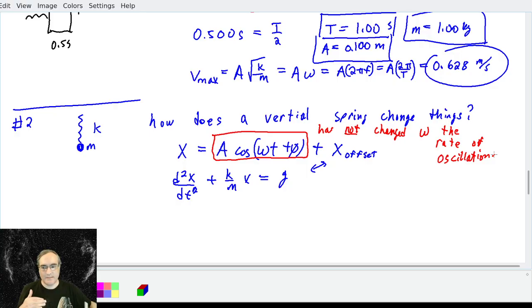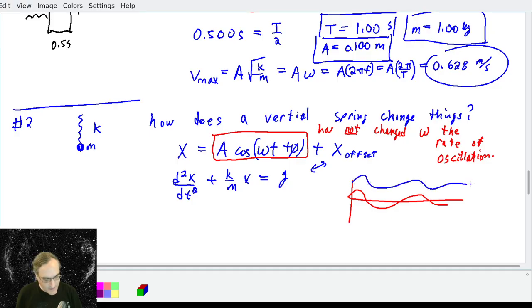It affects sort of the initial position and the offset you start at, but the fact that you have it hanging vertically does not change any of the properties of the oscillation itself. Essentially, instead of having something that's oscillating about 0, you now have something that's oscillating around an offset point. That's all it does, nothing special.